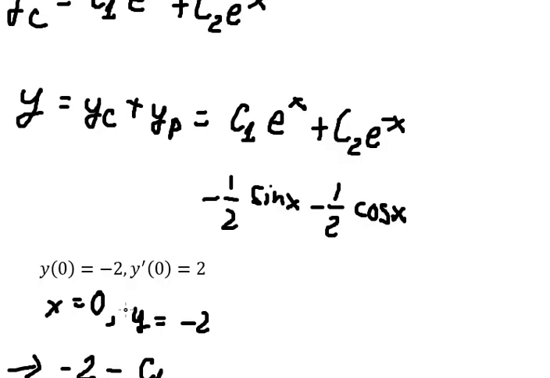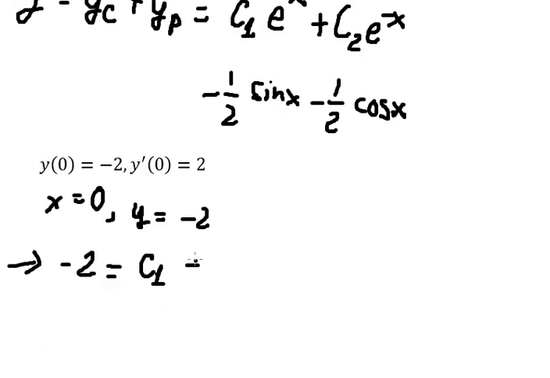So when we put 0 here and here, e to the power of 0, we have 1. This one we have 1. When we put 0 here, you get sine of 0. And this one is 0. This one we have 1.